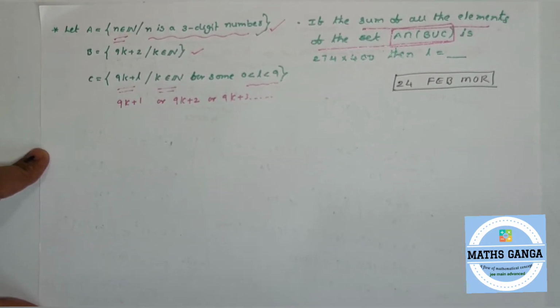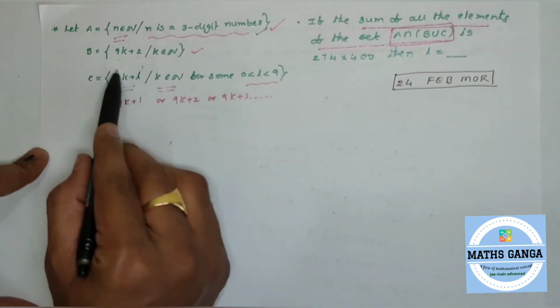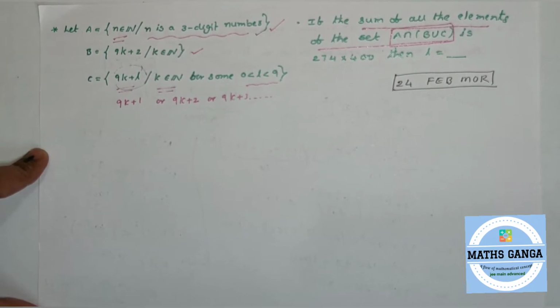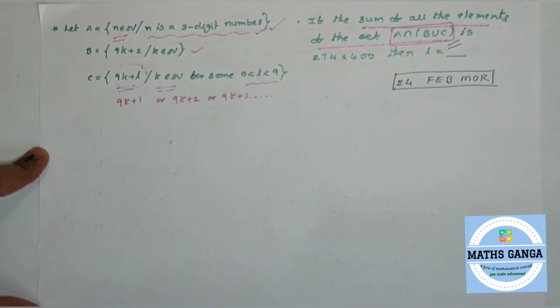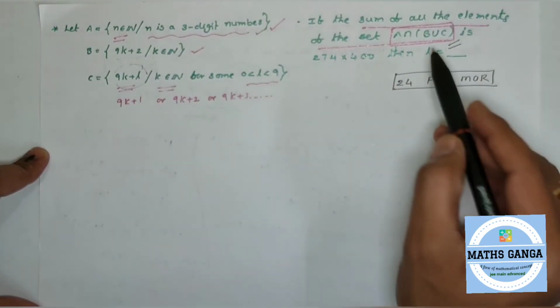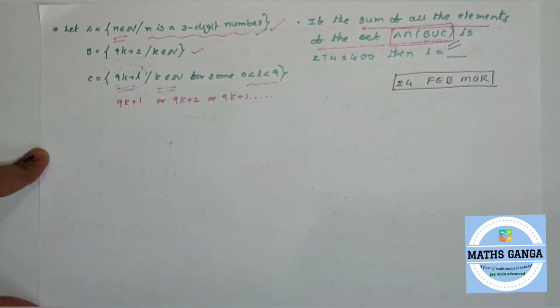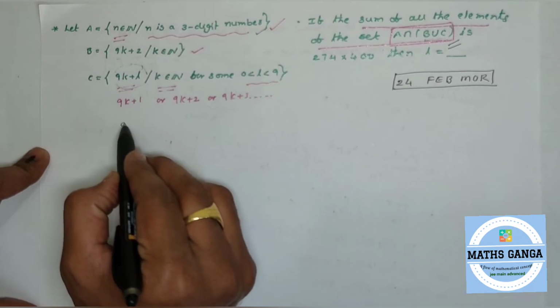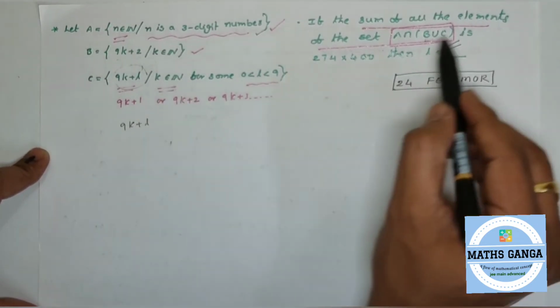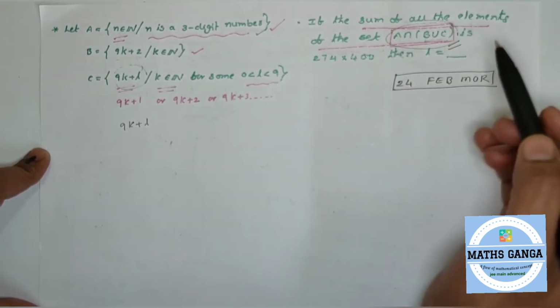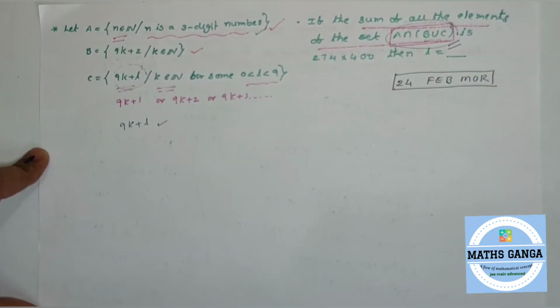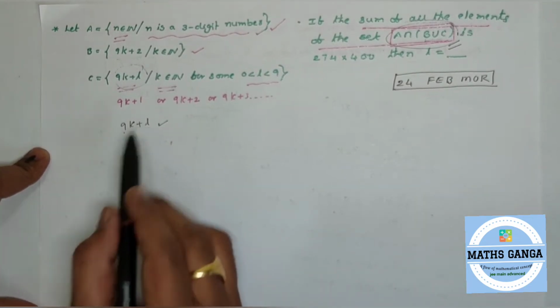The number of digits is not mentioned in particular at B. In the same way, the number of digits of the numbers in C is not mentioned in defining set C. But since we are searching for the numbers in A intersection of B union C, and A is a 3-digit number, our target is to find 3-digit numbers of B as well as 3-digit numbers of C. C contains numbers of the form 9k plus L, so my target is finding 3-digit numbers of the form 9k plus L.